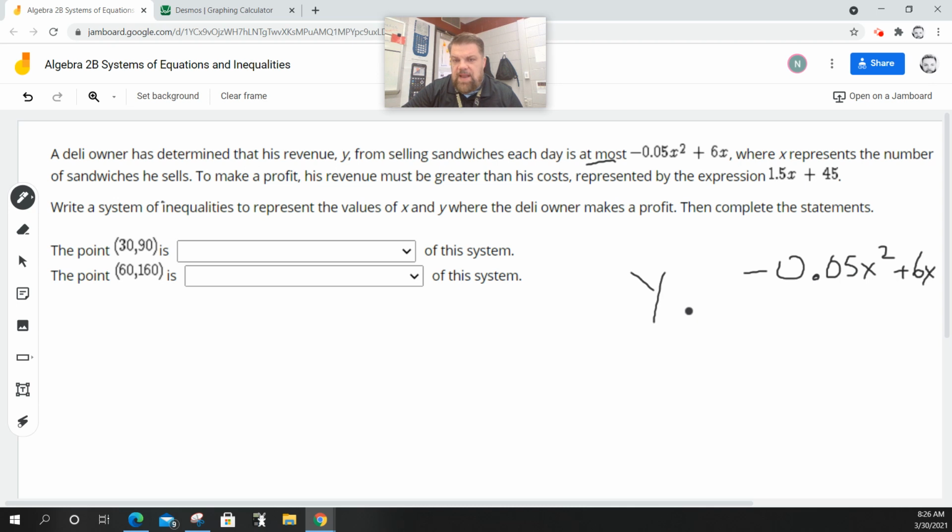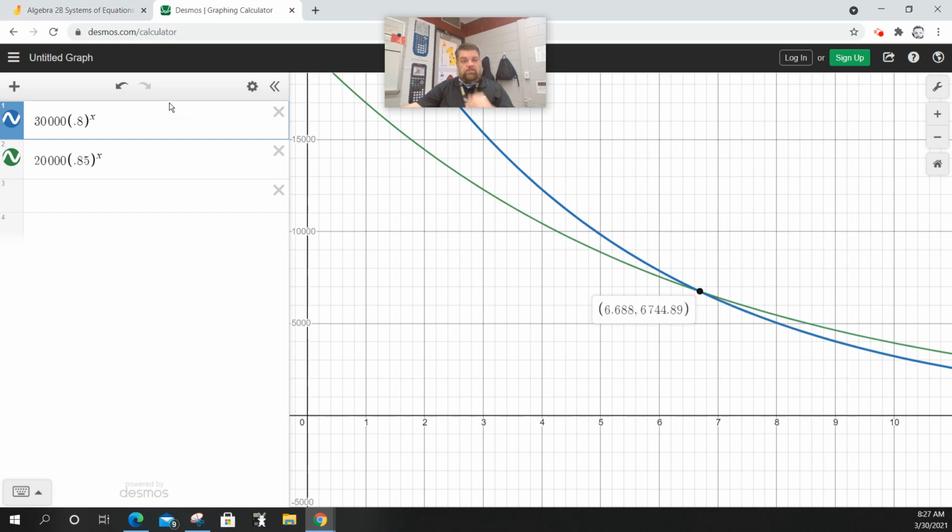At most means it doesn't go any bigger than that, so it would be less than or equal to. And for the next one, it must be greater than 1.5x plus 45. So we're going to graph this real quick.